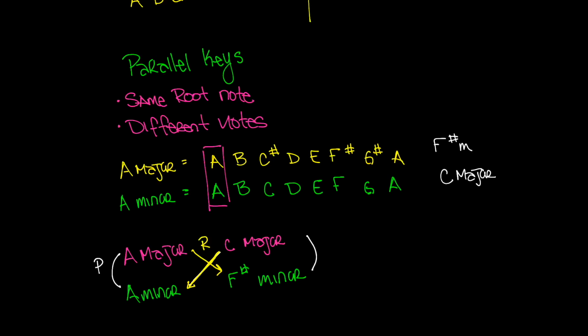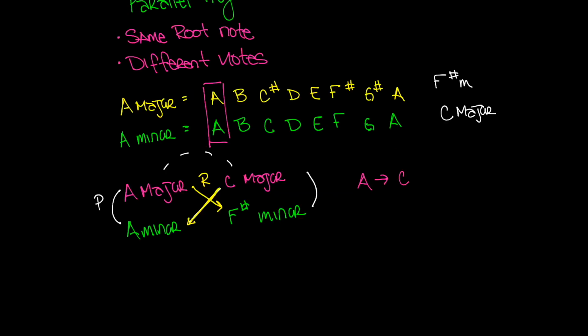The only thing you could say is that F sharp minor is the relative minor to A major, so there's a little bit of a relationship there. You could also look at the distances between the notes. A to C is 1.5 steps, 3 halves. What about A to F sharp?